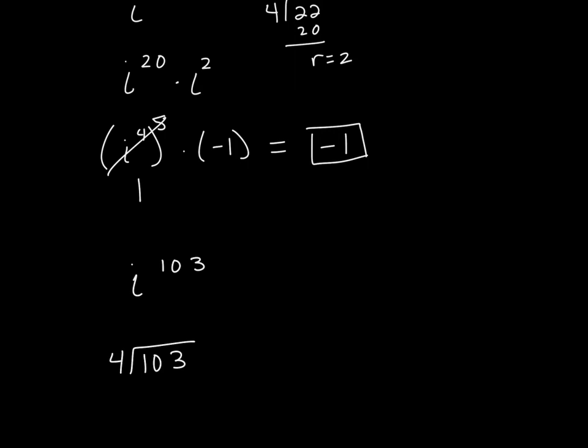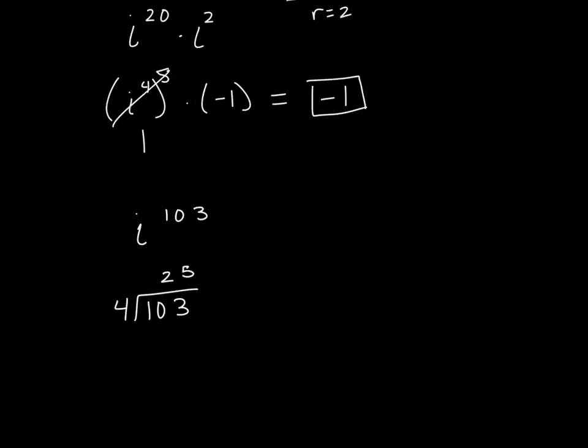That goes in 25 times. 4 times 25 is 100. I get a remainder of 3. So I break this down, and this is i to the 4th power raised to the 25th power times i to the 3.